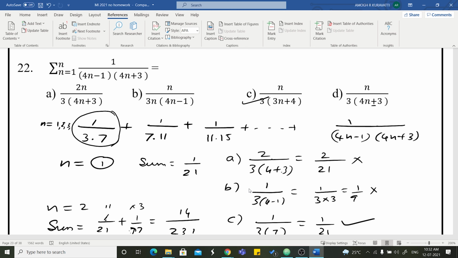Option C: 3 into 7 plus 1 by 7 into 11, so 77, 21, 231. 21 elevens are 77, 3 plus 11, 14 by 231. So for n is equal to 1, option C is the right option. Okay, students, let's make the correction. This is 4n minus 3, not plus 3.